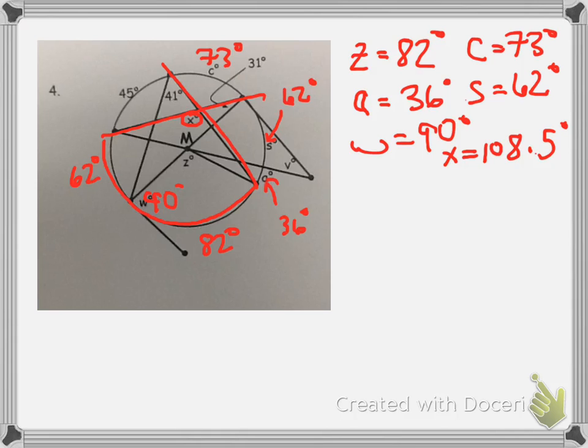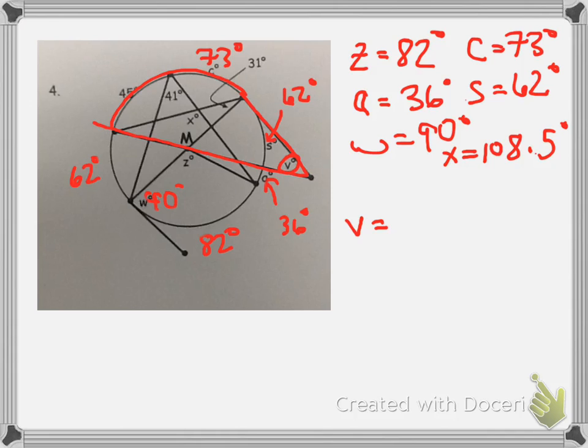We still need to solve for V, our last one. Okay. So let's see. V is this one, which is an outside angle. So let me erase this. Okay. So that means we're talking about this right here. Okay. So V is equal to the difference, because it's outside, the difference of the bigger arc.